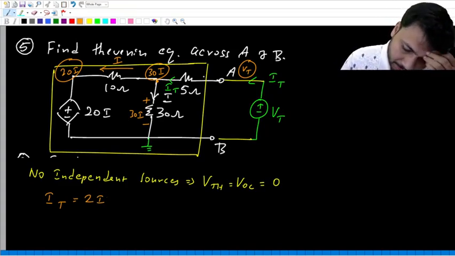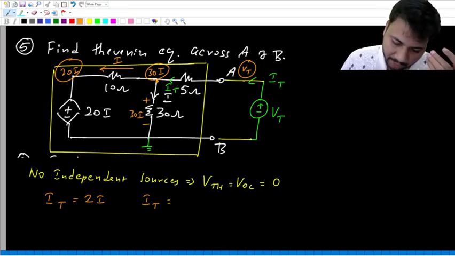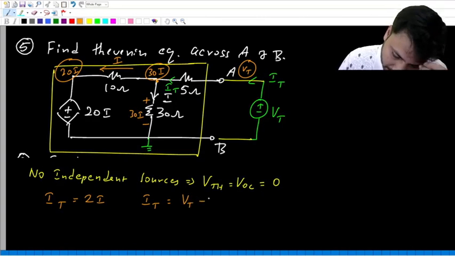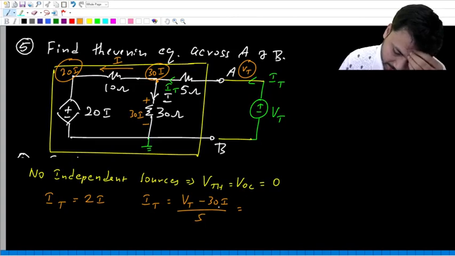And then this IT is equal to the current through 5 ohms, right? VT minus 30I by 5. Because IT is 2I, I is IT by 2.